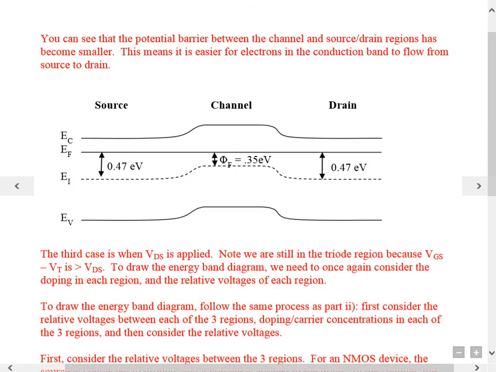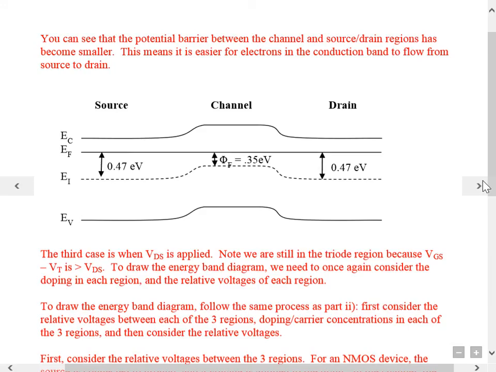We're putting a drain to source voltage of 1 volt. So which side is going to have the higher Fermi level? Would it be the P side of the channel? No, it'll either be the source or the drain.